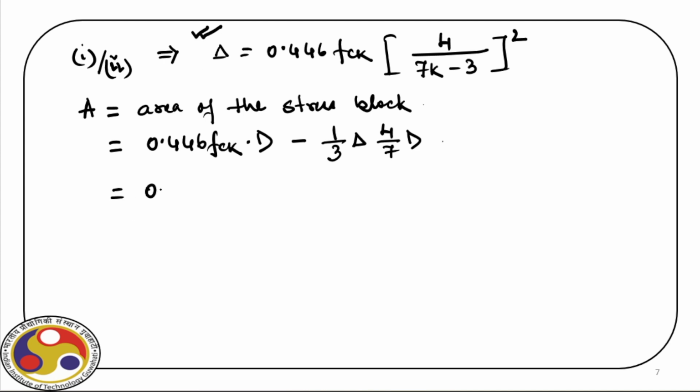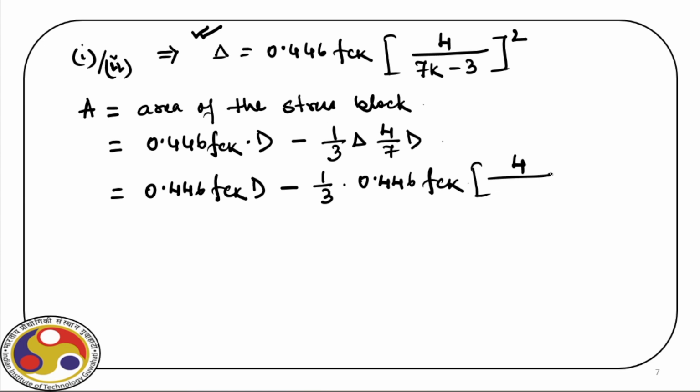So we have 0.446 FCK times d minus 1/3. In place of delta, we can write 0.446 FCK times 4/7K minus 3 times 4/7 d. This we can further simplify.